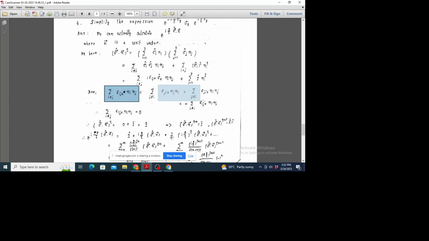Fine. Now compare this and this term. So since nj and ni are ordinary numbers, nj ni is equal to ni nj. So multiplication of ordinary numbers commutes. So nj ni is equal to ni nj. So that is what I have used here.